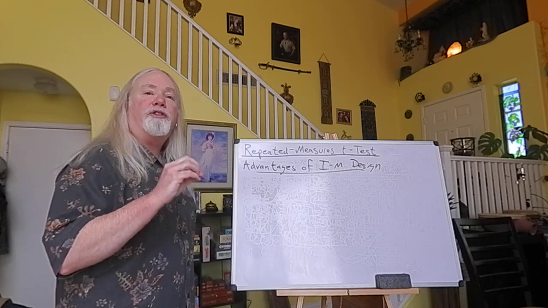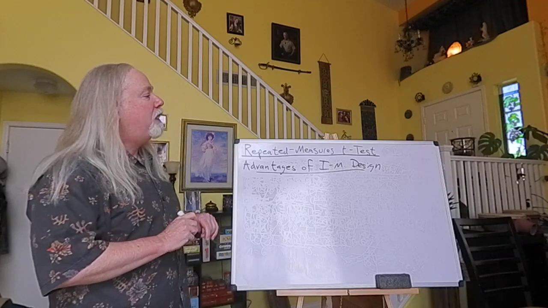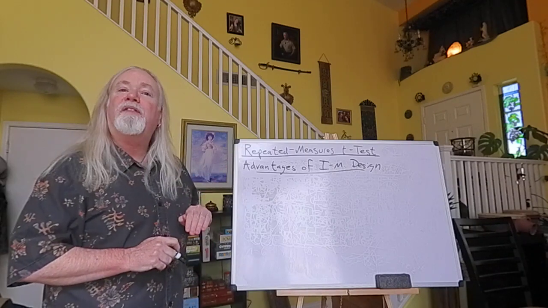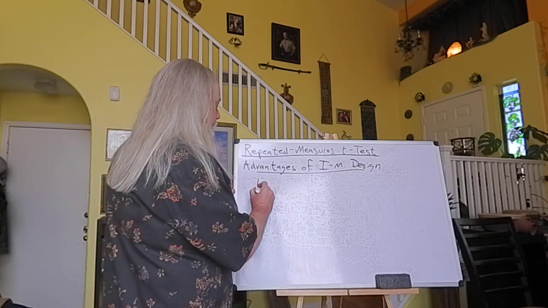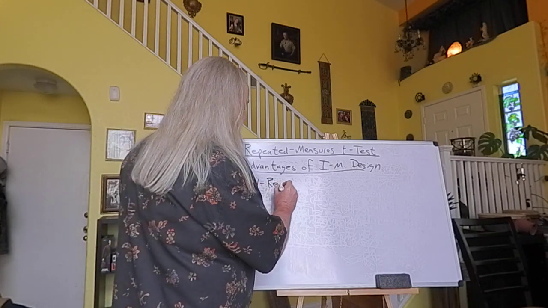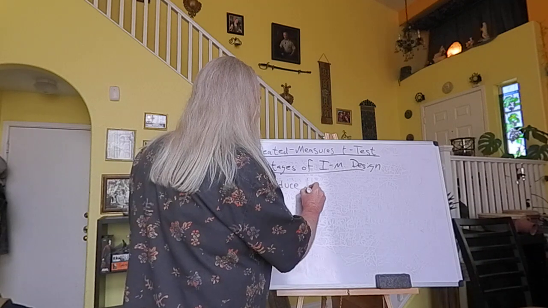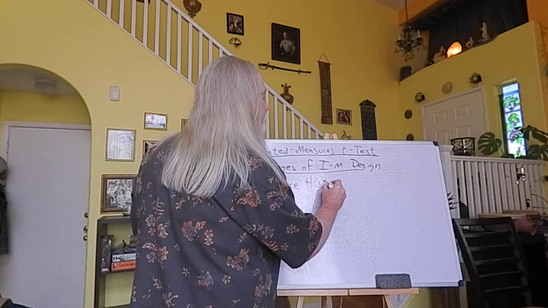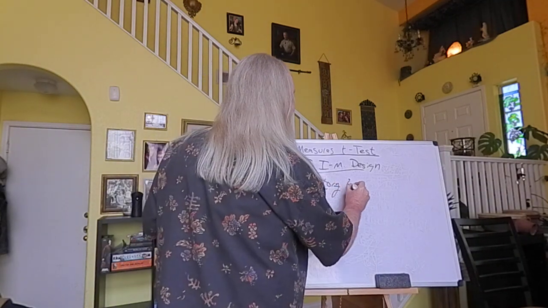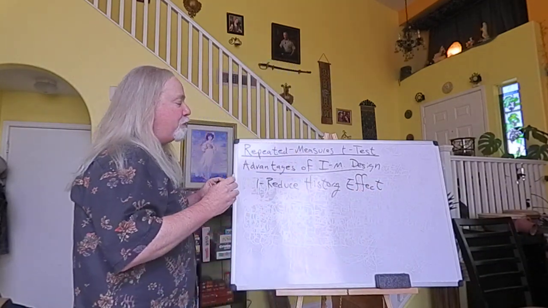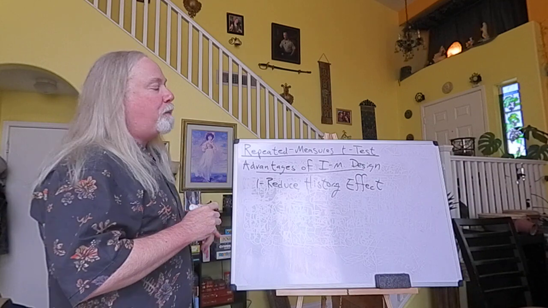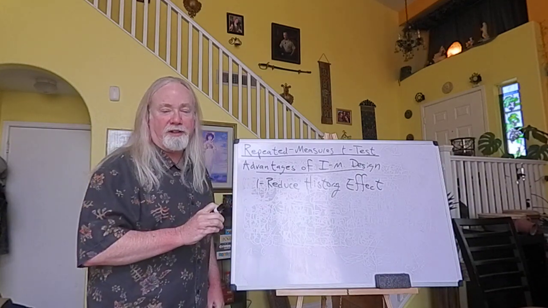Now that's not listed as a specific advantage in the book, but we'll see that connects to two of the advantages that they do talk about. So the first is that we can reduce the chances of a problem called the history effect.